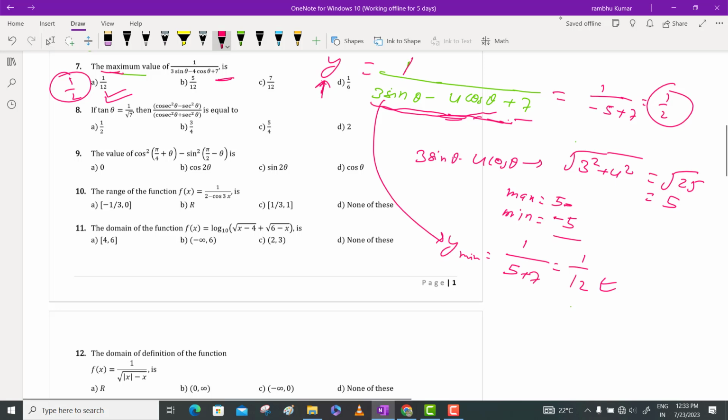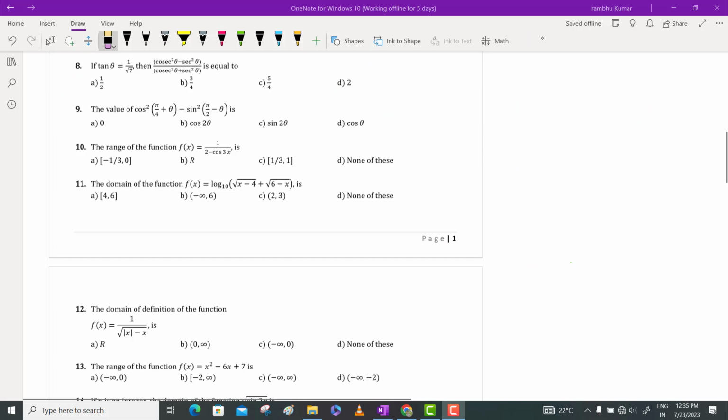Okay, I hope this is clear to you. Let us move to the next question. So in this question, question number 8, we have given expression cosec square theta minus sec square theta divided by cosec square theta plus sec square theta.